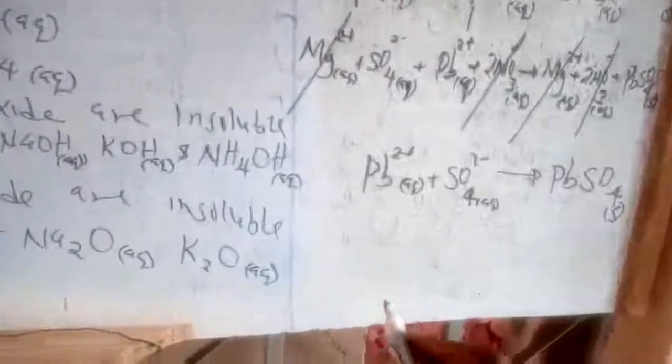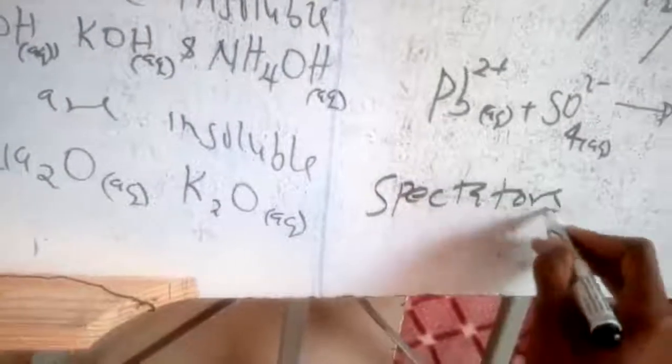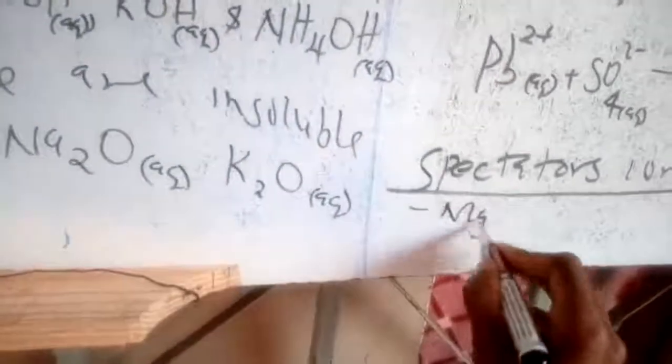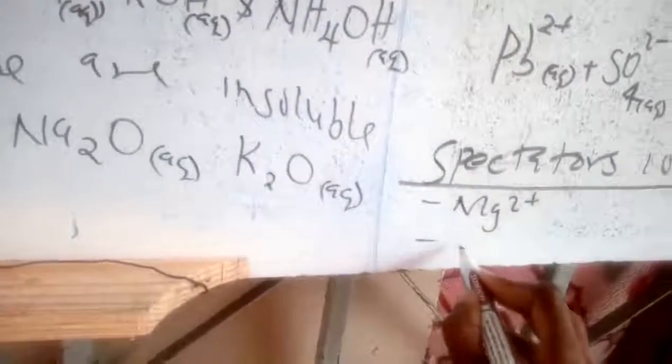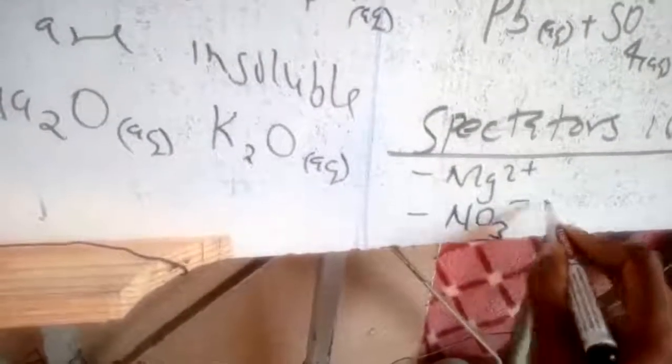Those ions which did not take part in the chemical reaction are what we refer to as spectator ions. In this example, the spectator ions include magnesium ions and nitrate ions.